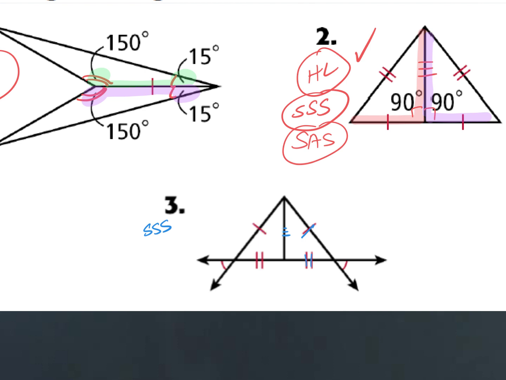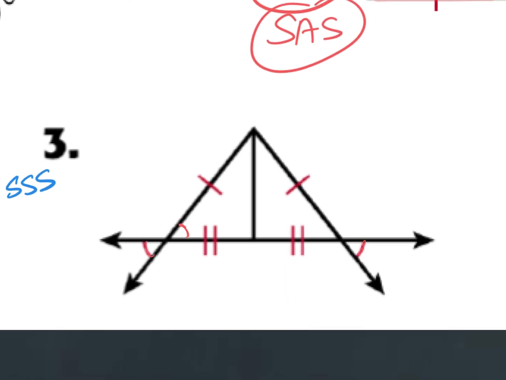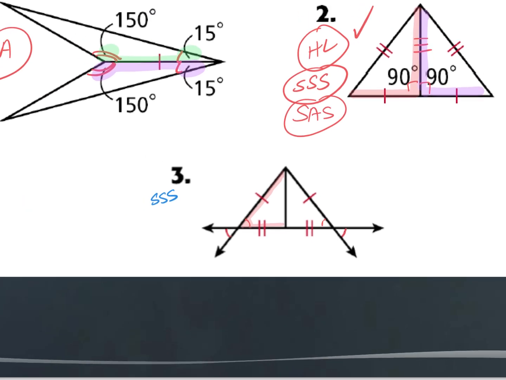Another one that works is notice that this angle here is going to be equal to this one because vertical angles are equal. This one is going to be equal to this one because vertical angles are equal. And notice then what you've got here is the side, the angle, and the side. The side, the included angle, and the side. So again, this one, we can also prove this one with side, angle, side.